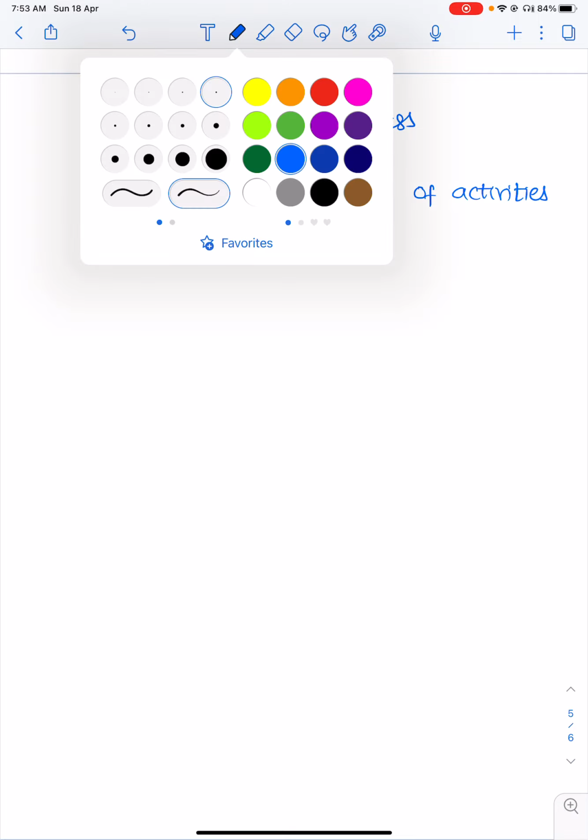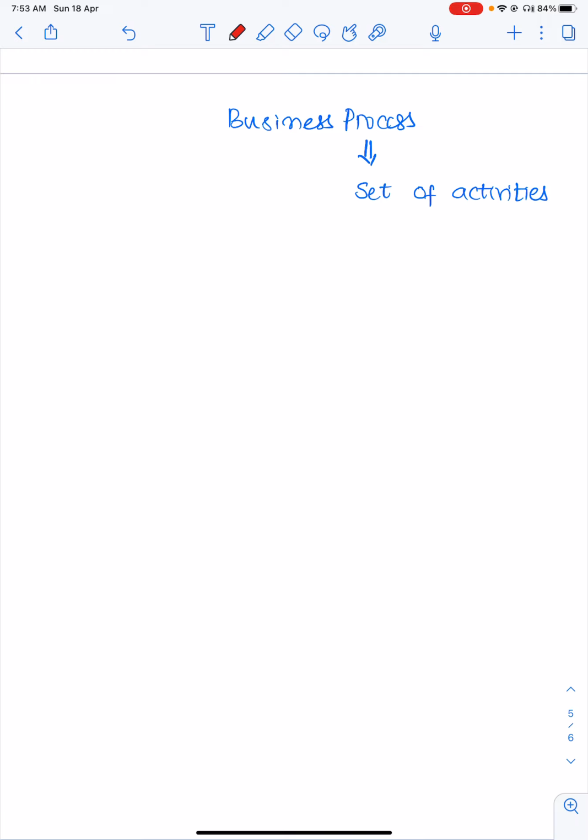So what is a process? We already studied what is a process. A process consists of a set of activities. We perform this set of activities in a business environment.